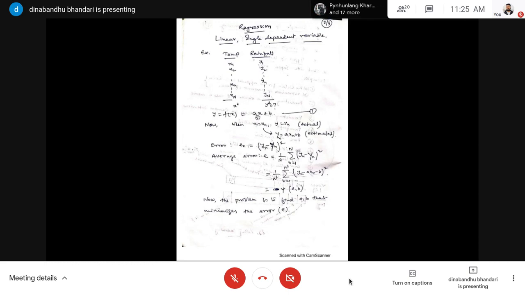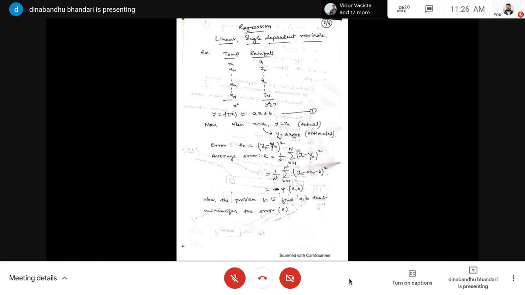But if I use this function to predict what the rainfall would be when the temperature is xn, I denote that as capital Yn, so it would be axn plus b. This is the estimated value. We do not know what a and b are; we'll try to find them out from this.